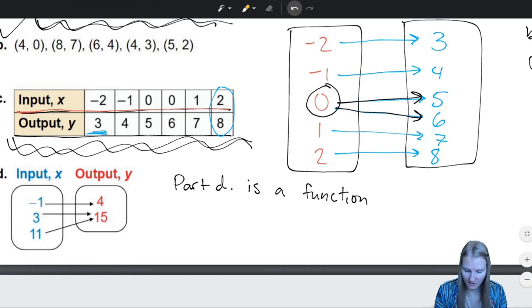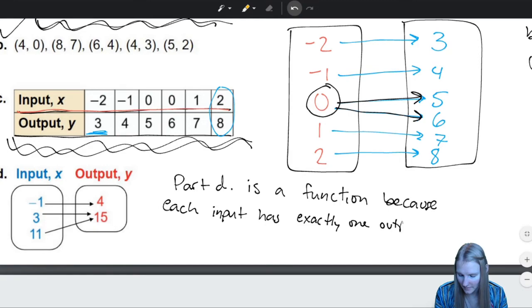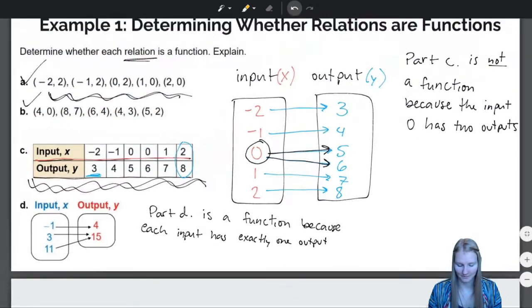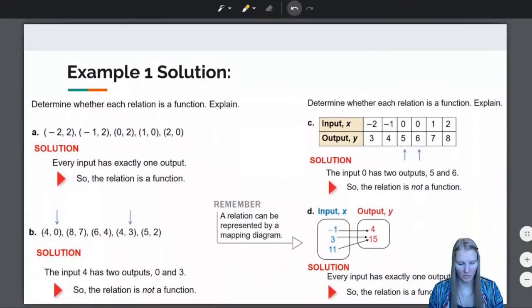So part D is a function because each input has exactly one output. There you go. There you have it. Okay, let's see if we were right.